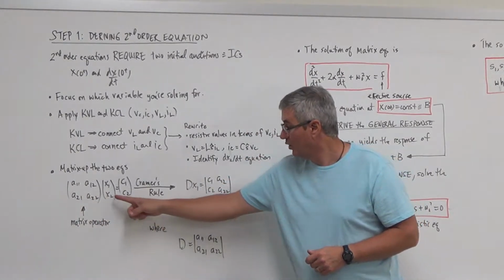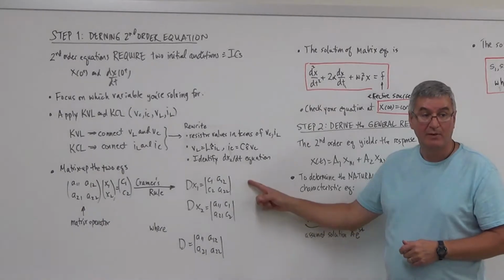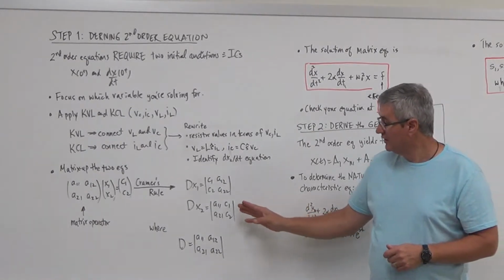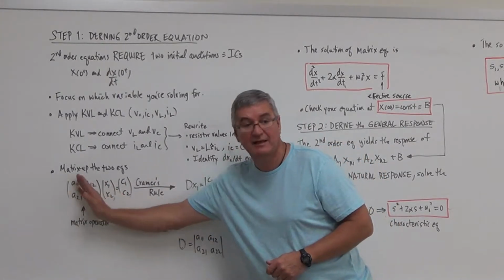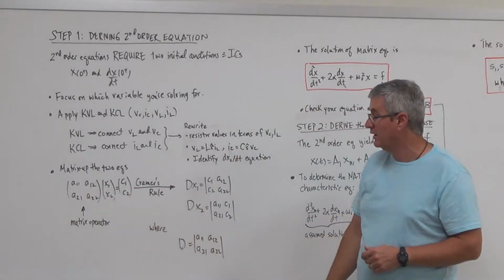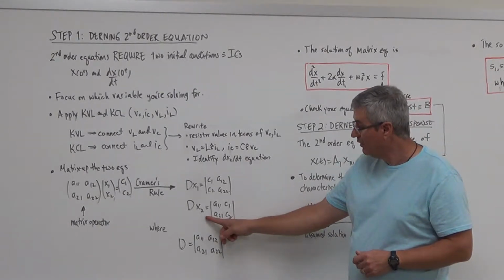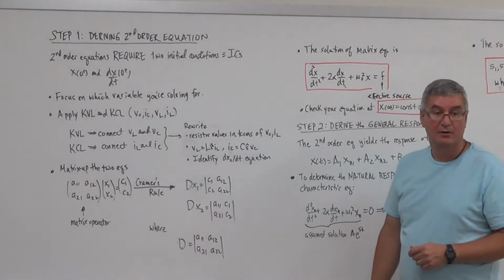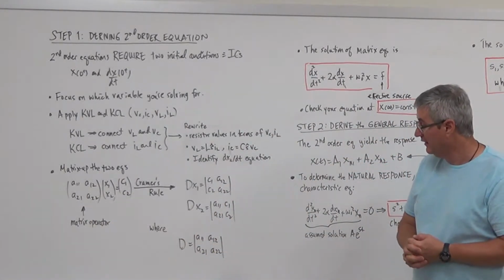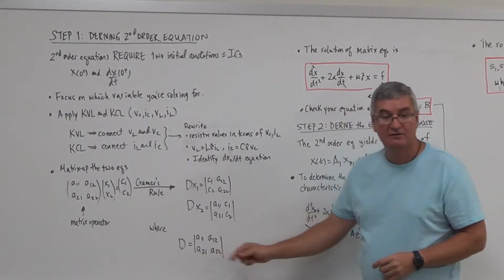Then we use Cramer's rule and we get 2 terms. If I'm solving for the first variable, I take my C's and put them in my A columns, A11 and A21, just like this. And if I'm solving for 2, then I take this and put it in the second column, where the determinant of D is the cross product of these guys right here.